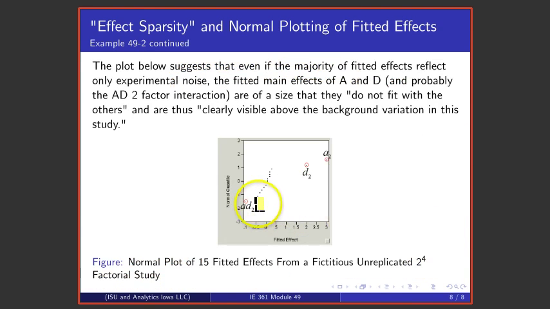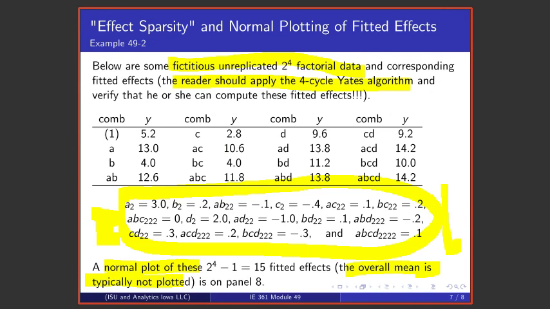We get pretty much a straight line here for most of the fitted effects, but A2, D2, and probably AD22 can be seen as plotting off the line established by the rest.